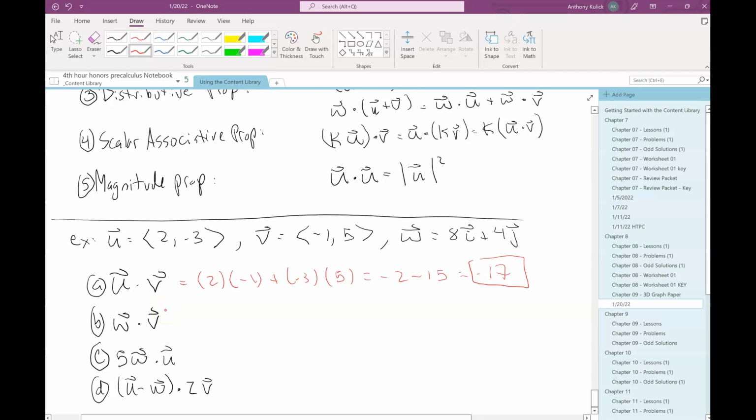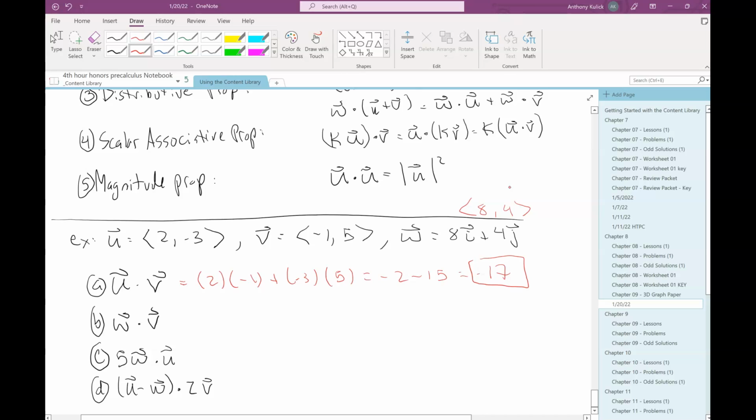Uh-oh, w dot v, but w's in this weird linear combination form. What should I do? Just write it in component form. The i is just the x component, the j is just the y component.